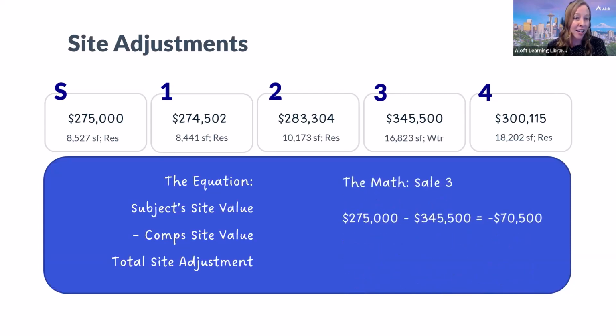And sale 3 is where we start having some fun. We have the subject that's 275,000, and then we know that sale 3's site value is about 345,500. So we're looking at $70,500 that we have to bring sale 3 down to the subject's level.